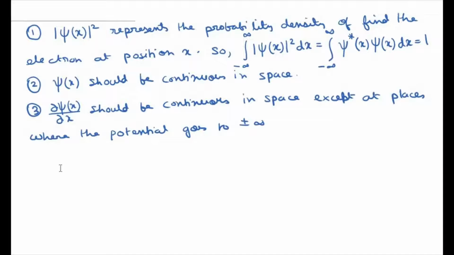So these are basically the three constraints, and based on these constraints we have to determine the various constants of the wave function, or various parameters of the system.